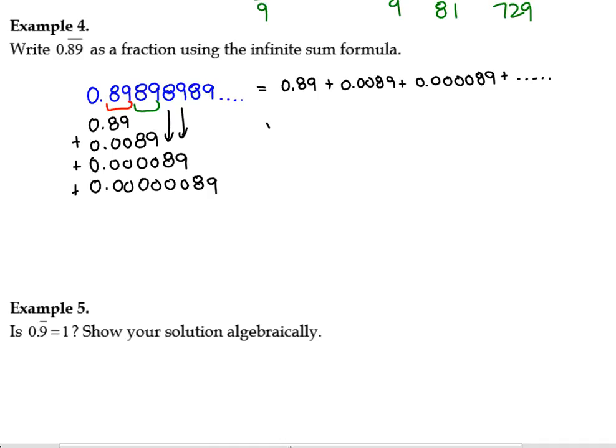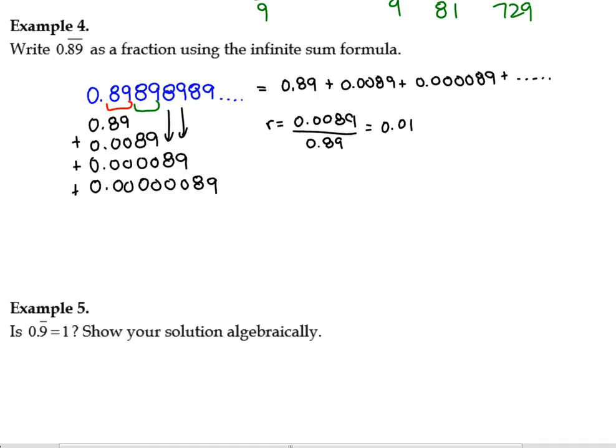Because what is our common ratio? You can get term 2 divided by term 1. That's one way you can get it. What do you get when you divide those two? 1 over 100, or 0.01, because we're adding two decimal places every time. 0.01, that's our common ratio.